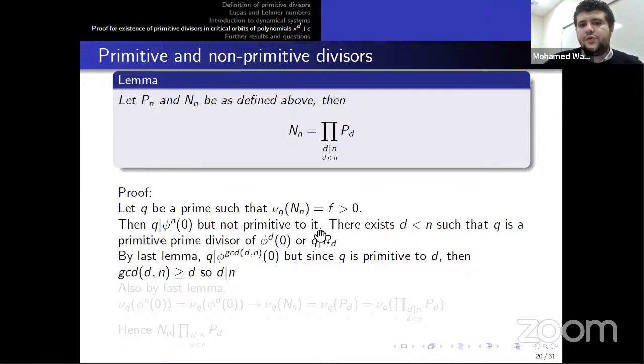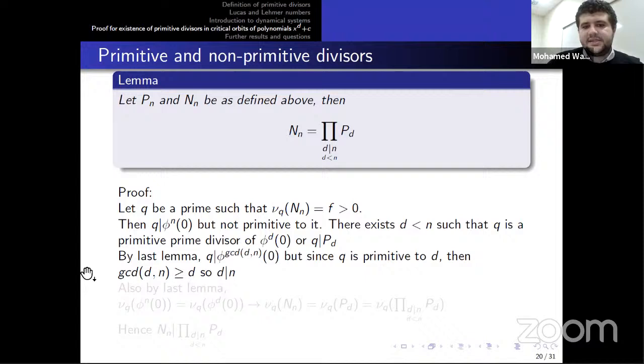So q was dividing phi d. However, by the last lemma, q will also divide phi of the GCD of d and n. But since q is primitive to d, that means that d is the least index, but q also divides phi of the GCD. So that means that the GCD of d and n is greater than or equal to d. And of course, this means it's equal. So d divides n.